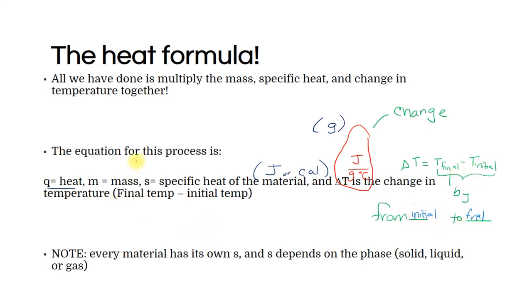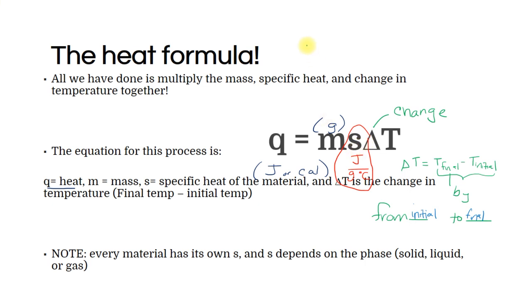Okay. So this formula, there it is, allows us to calculate how much heat is going to be used depending on how much mass of substance, whatever heat capacity it has, and how much temperature change is occurring.